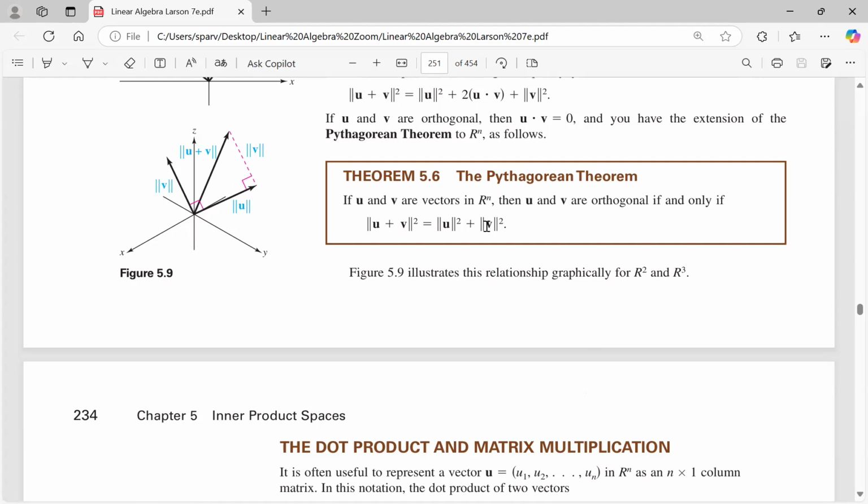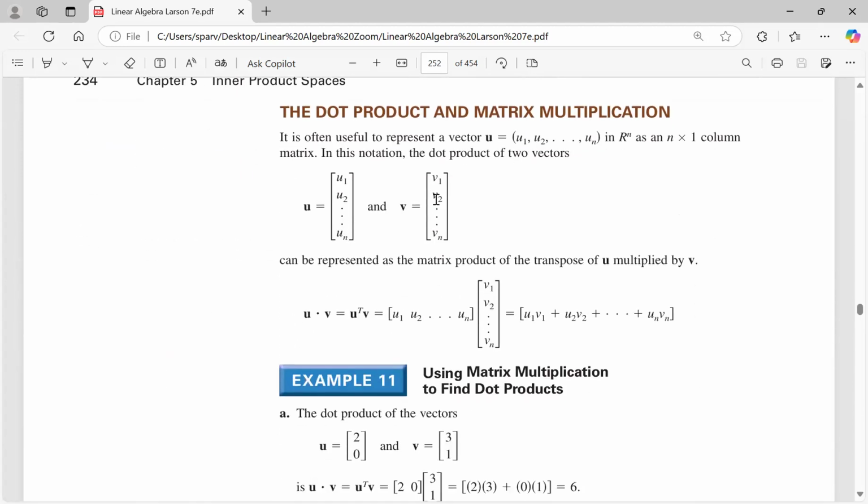The sum of squares of two vectors is equal to the vector sum squared. And that's as close to Pythagorean as you come as we do in a right triangle. And there you have it. So we have Cauchy-Schwarz, triangle inequality, and the Pythagorean theorem. And the last thing here that you're going to see is the dot product and matrix multiplication. It is possible to write matrix multiplication as dot product, but here's the thing.